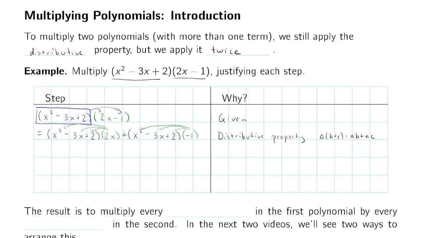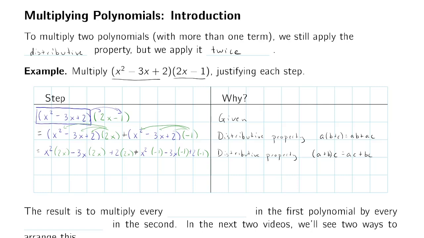So we'll have x squared times 2x minus 3x times 2x plus 2 times 2x plus, now we have an x squared times -1 minus 3x times -1 plus 2 times -1. And that was the distributive property again, but now going to the left.